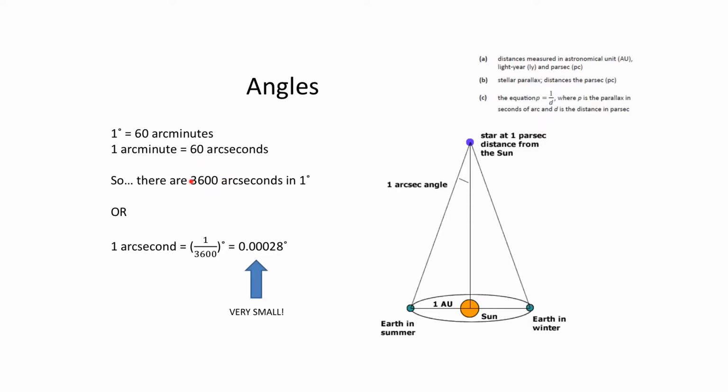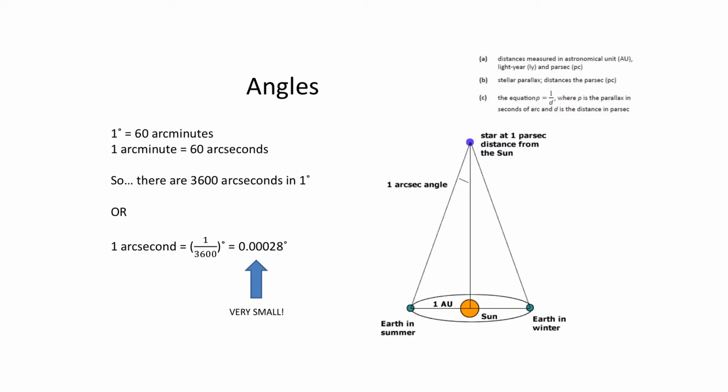So there are 3,600 arc seconds in 1 degree. Each arc second is a really, really small angle. We'll look at how to convert a little bit later. But for now, we need to get into the habit of being able to split a degree into even smaller chunks, and that's based around a clock of 60 times 60.